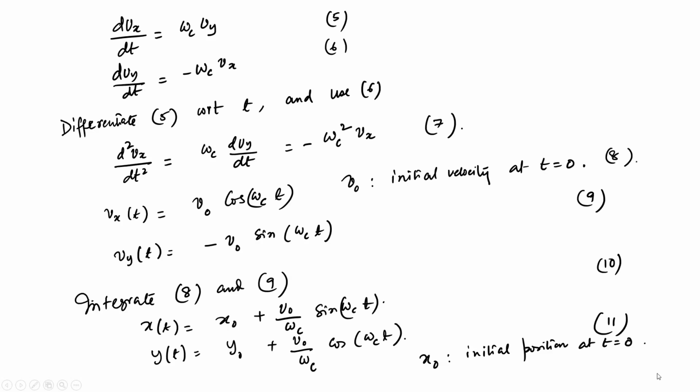Now, if you look at equations 10 and 11 and square them up, they will have a sine square and a cosine square with the same coefficients, which will give rise to 1. So, it will give rise to an equation of a circle, where x square plus y square gives you the equation of a circle.